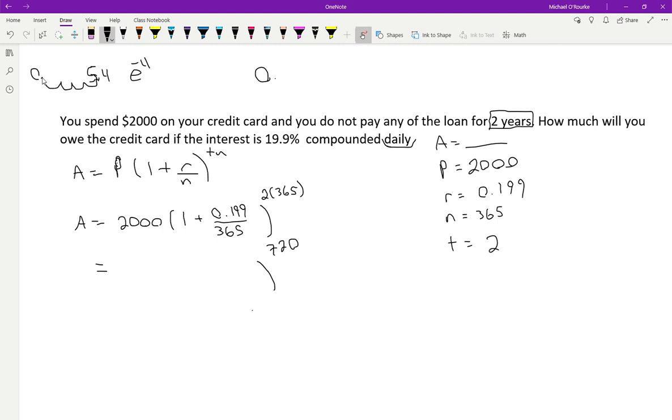So it's actually 0.00054, whatever. That's fine if it looks like that. To this number we're going to add 1, so plus 1.